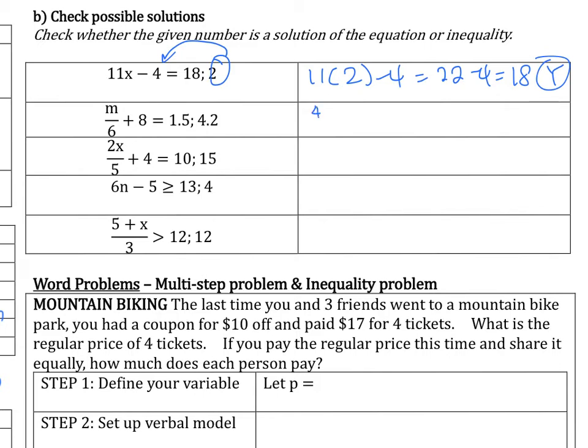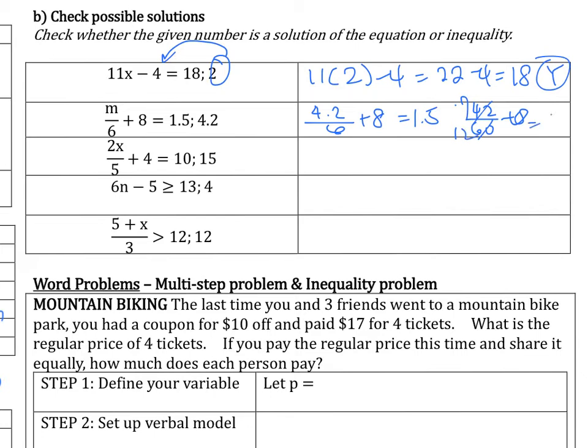Next one, 4.2 over 6 plus 8 equals 1.5. And if we continue to simplify this, 42 over 60 plus 8, simplify, we get 7 over 12.